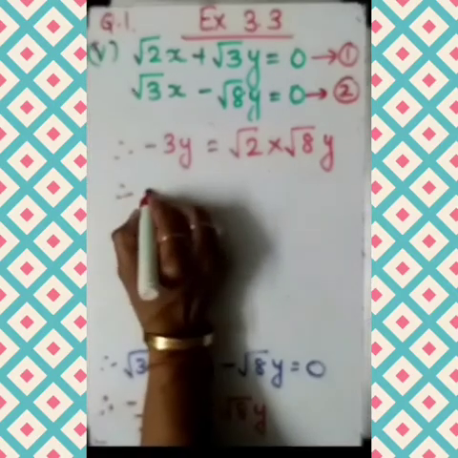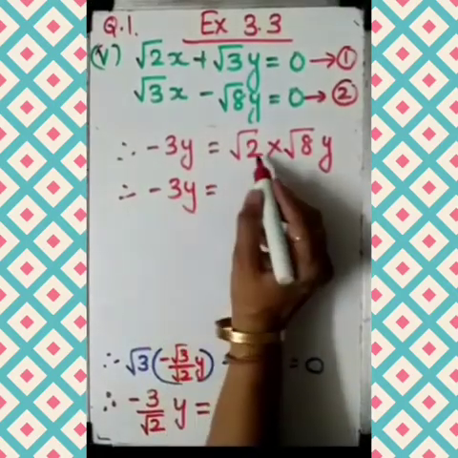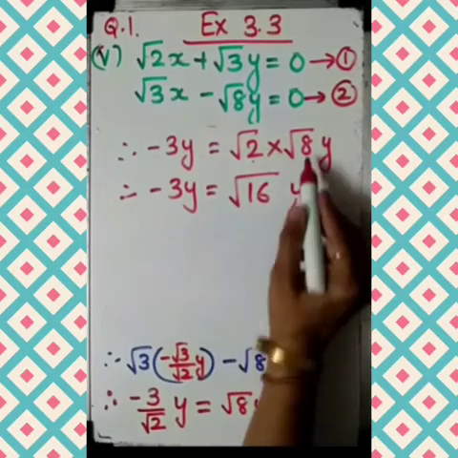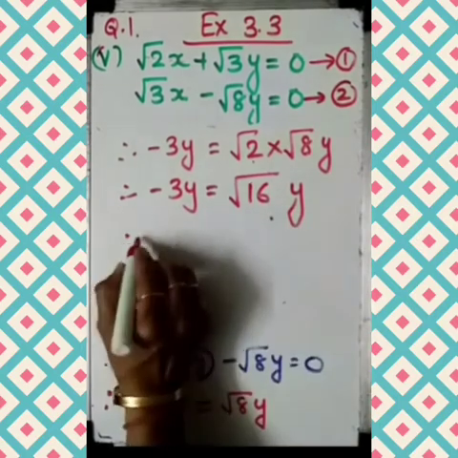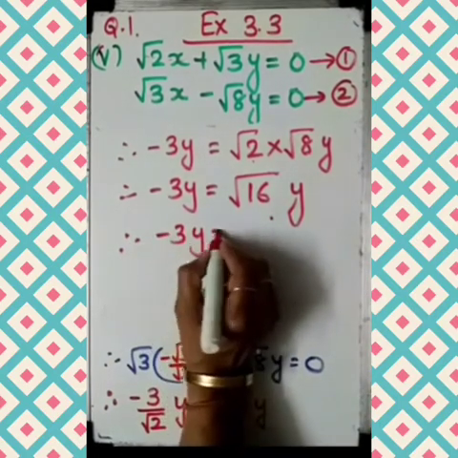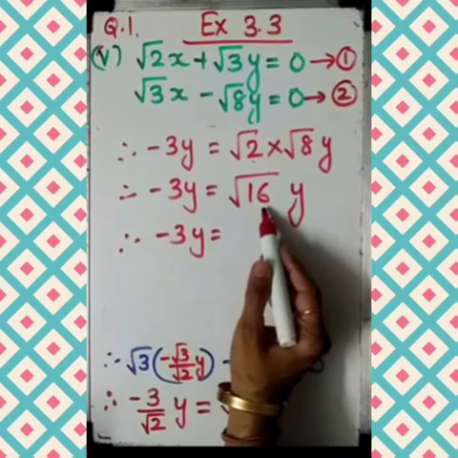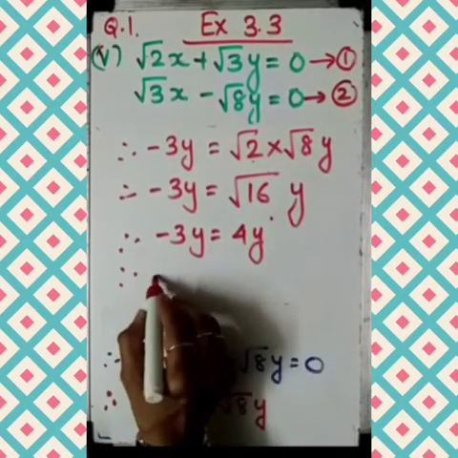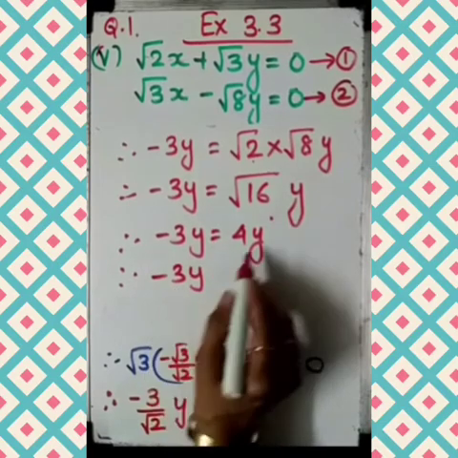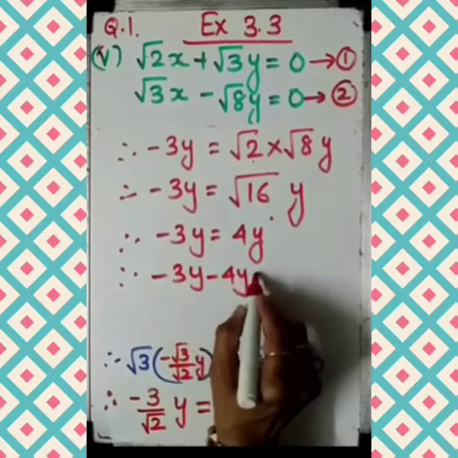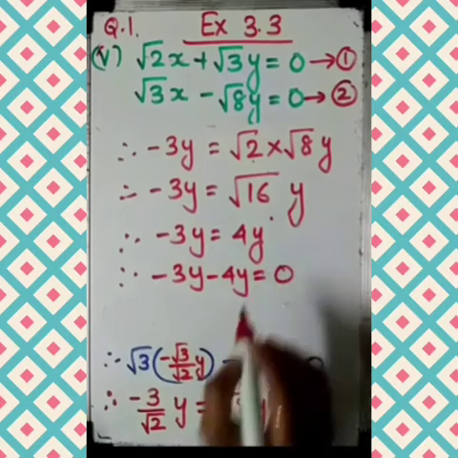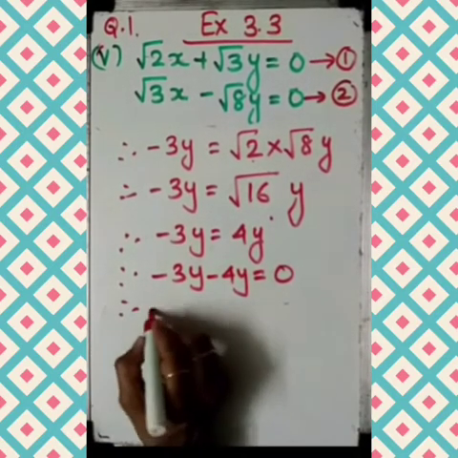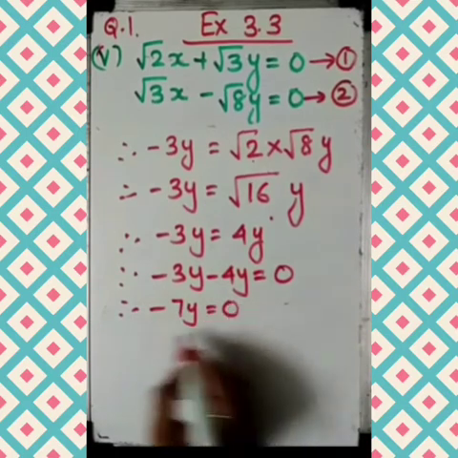Of course you will say root 2 into root 8 gives root 16y. 8 times 2 is 16. Therefore, minus 3y equals, we know 16 is a perfect square of 4, so simply minus 3y minus 4y. Bringing this side gives the result 0. And we know very well it will be minus 7y equal to 0.